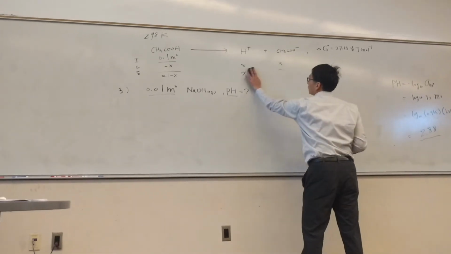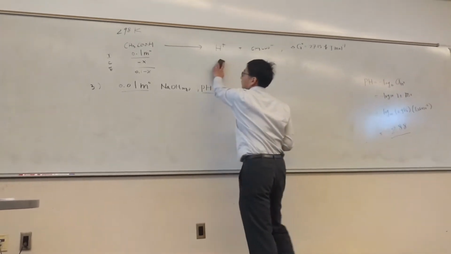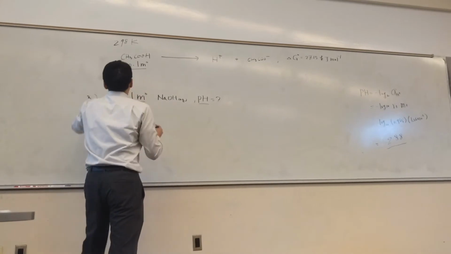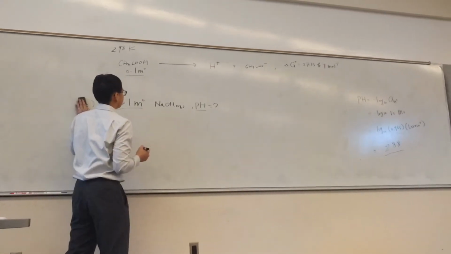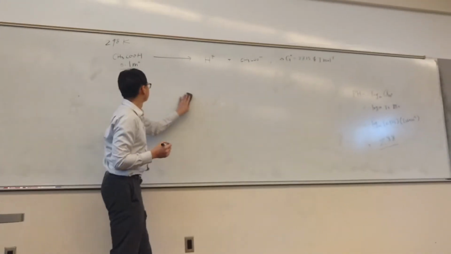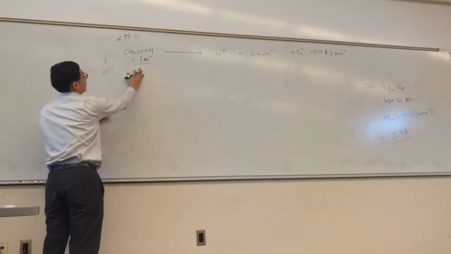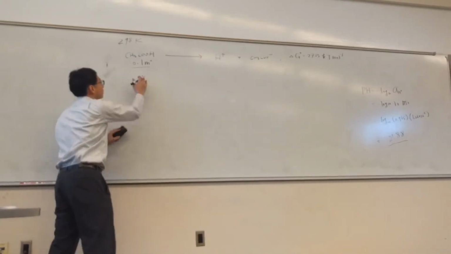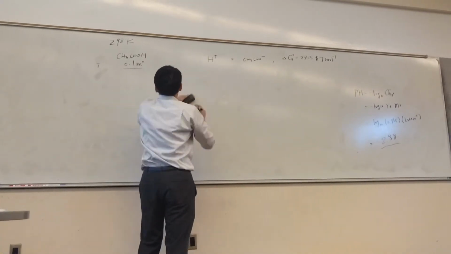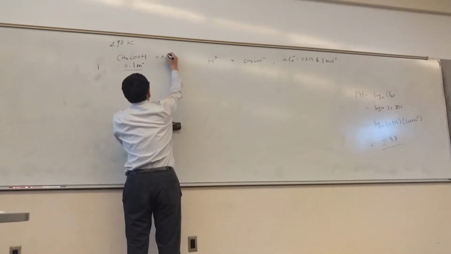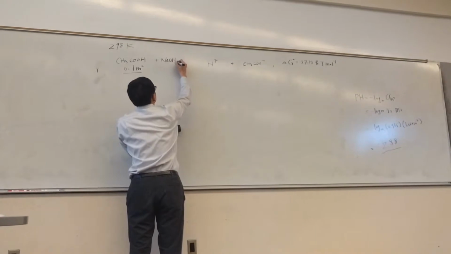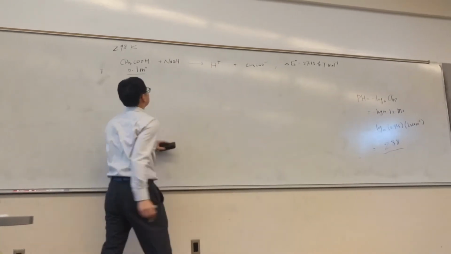So how can you solve this? Let's use the ice table again. So in the beginning, let's say initial you have this much. And then you're going to add in your sodium hydroxide. And then you reach this.